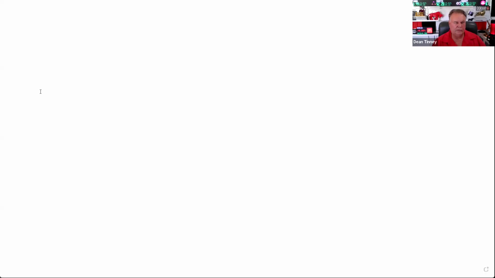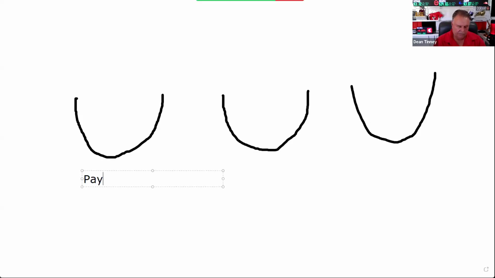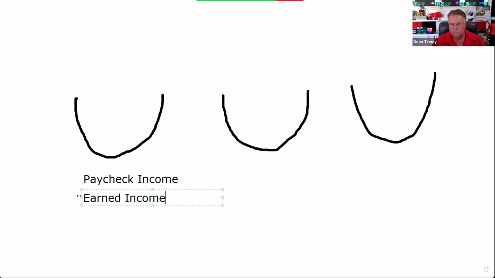Okay, so the way I'll tell you what's testable, what's not. But the way I think about it, that's not certainly testable the way Dean thinks about things. The way I think of it is there's three baskets on my tax return of money. Those three baskets are Dean working for money, what I call paycheck income, what the IRS calls earned income, right?